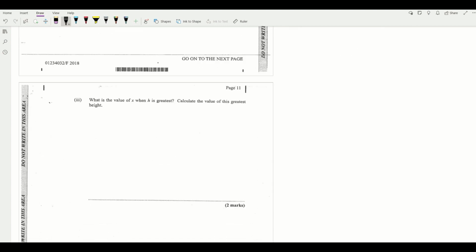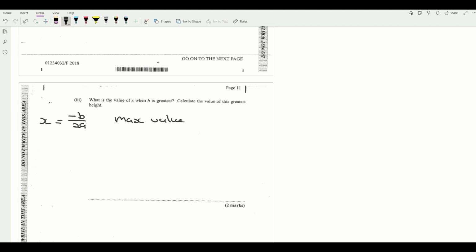So your axis of symmetry, that is x, is equal to minus b all over 2a. When you find out the value for x, then your maximum value would be h of whatever x is equal to.